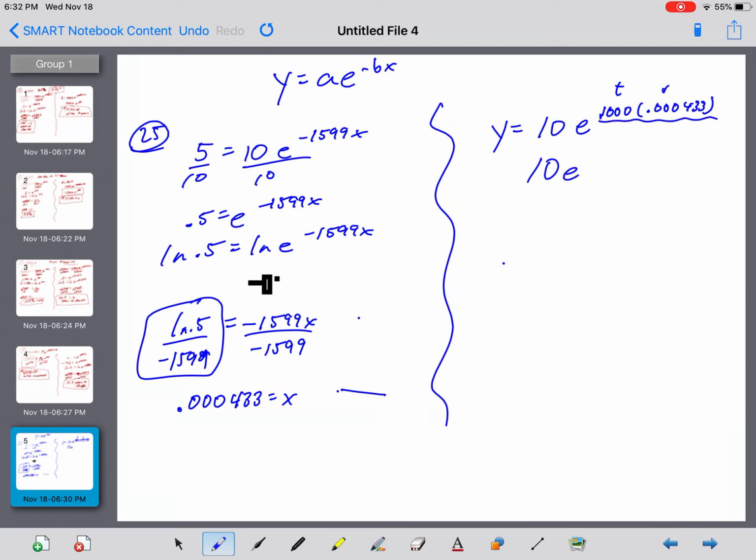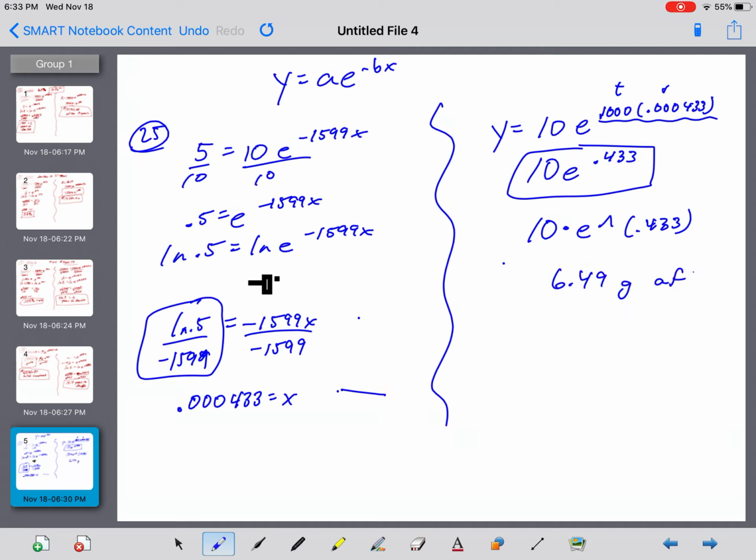That 1,000 is just going to move the decimal over 3 places. So this is what you have to type in your calculator: 10 times e raised to the 0.433 power. If you need help with your calculator, let me know. This kicks out 6.49, and that's how many grams it would have after 1,000 years.